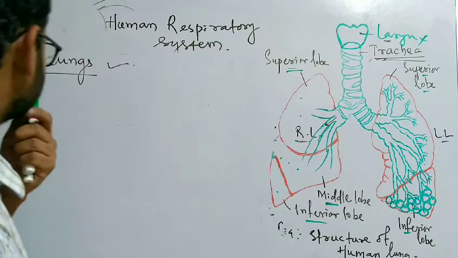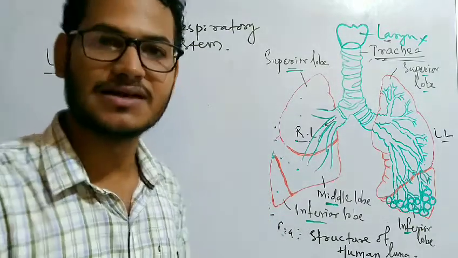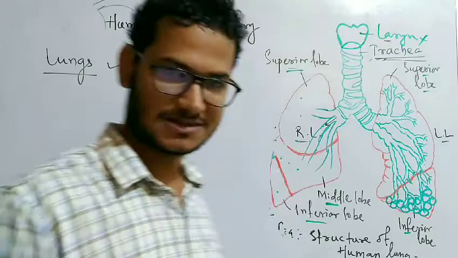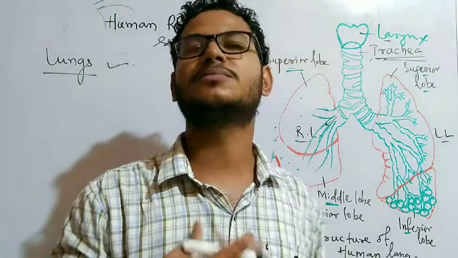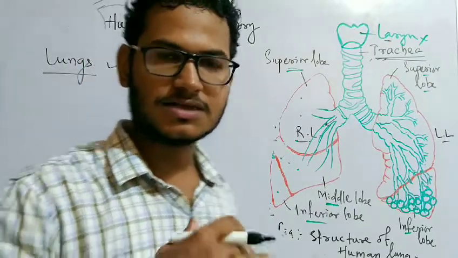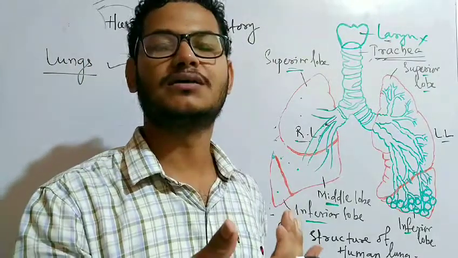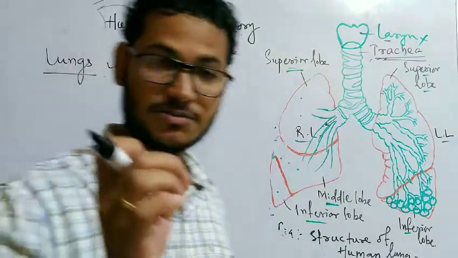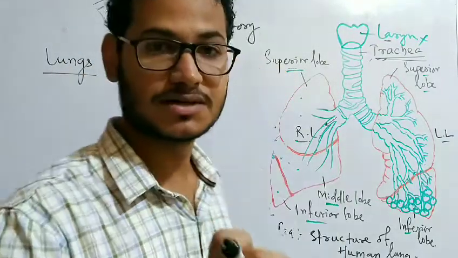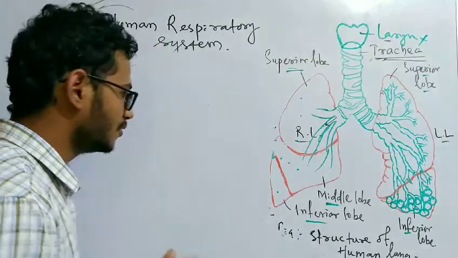Lungs are present in a very safe place in the thoracic cage. Thorax means it is the anterior part of our body. It is present above the diaphragm. The diaphragm is the respiratory muscle. It also helps in respiration and has a great role in it.